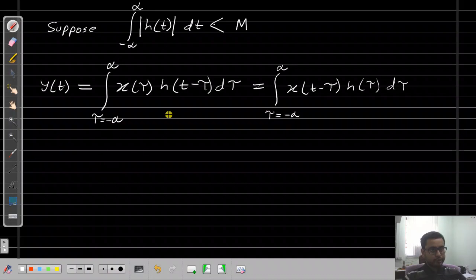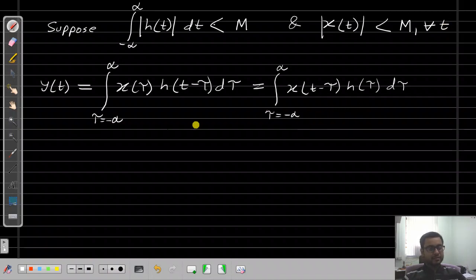And if the input is bounded, that means x(t) for all values of time is less than some number M1 for all time.